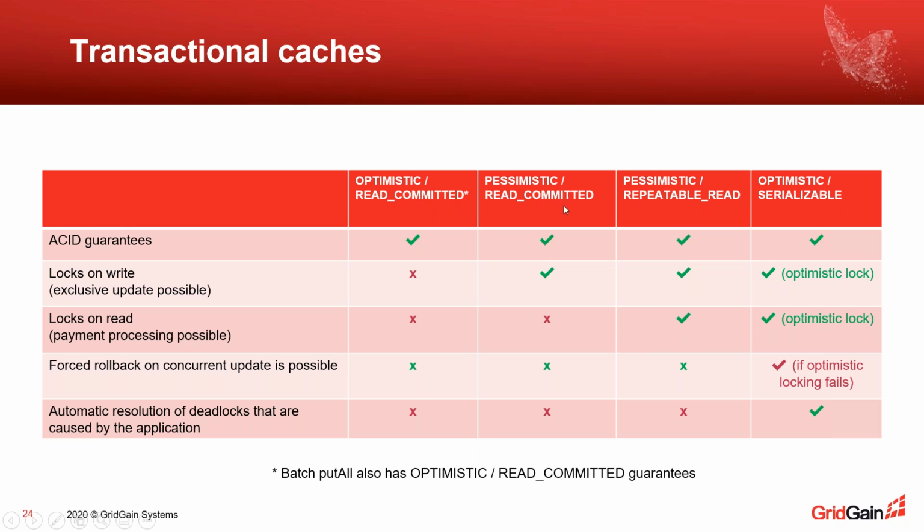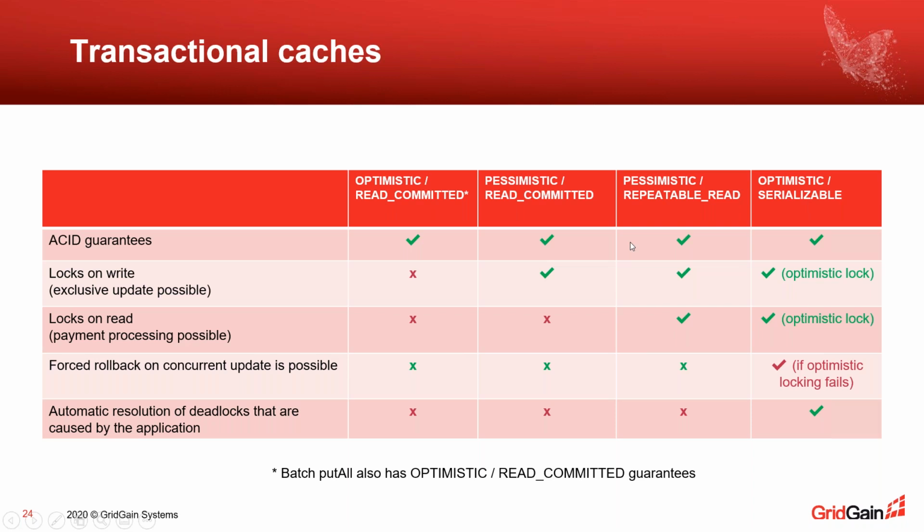Pessimistic read committed assumes that locks are acquired on write. Pessimistic repeatable read implies that locks are acquired on both write and read, which makes safe payments processing possible. And optimistic serializable in terms of guarantees is equal to pessimistic repeatable read, so you can perform safe payments processing with optimistic serializable as well, but it operates with locks differently.